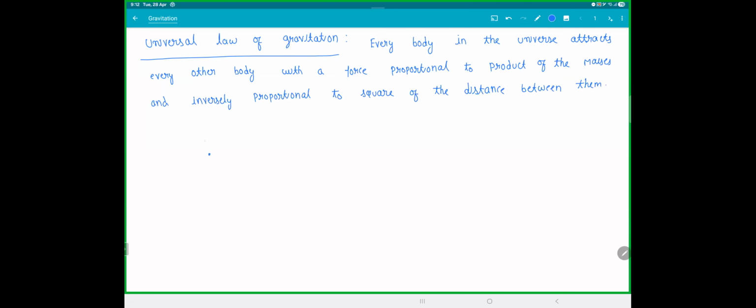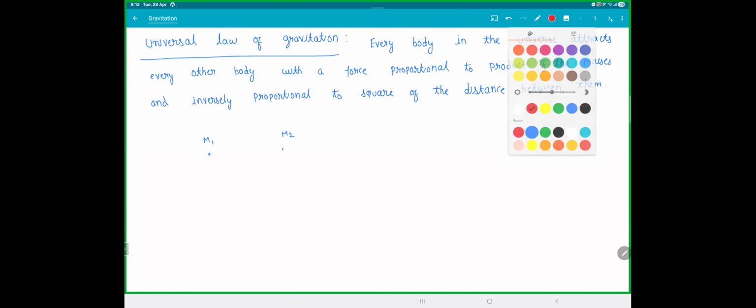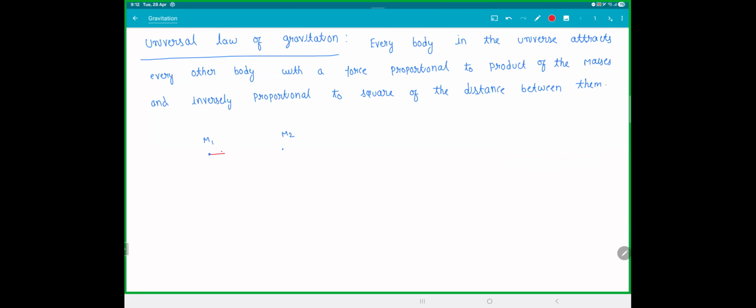So if you have two masses, m1 and m2, they would attract each other. So this force would be F12 bar and this force will be F21 bar. Newton's third law, they will attract with equal and opposite forces. This force is given by F is equal to minus G m1 m2 by r square.